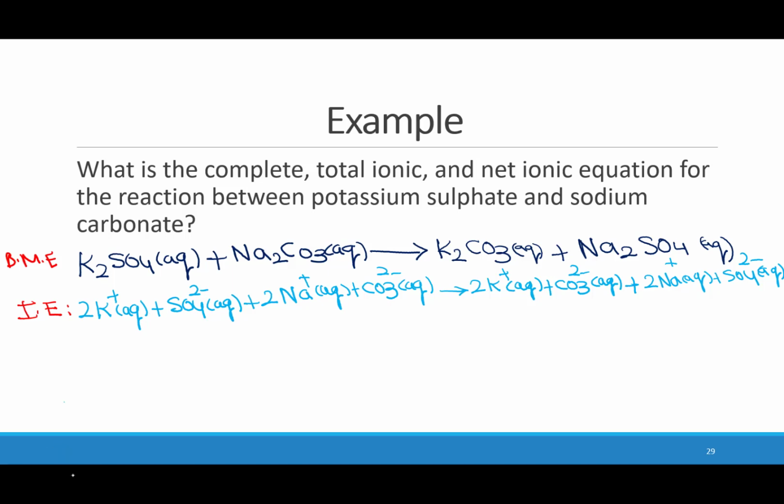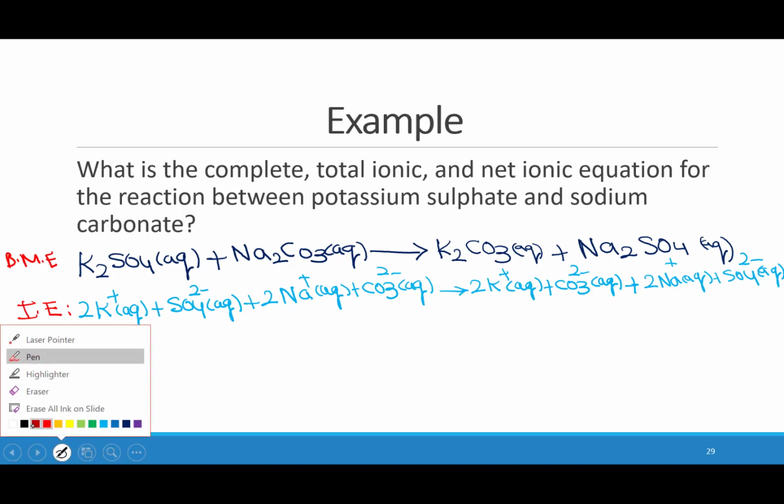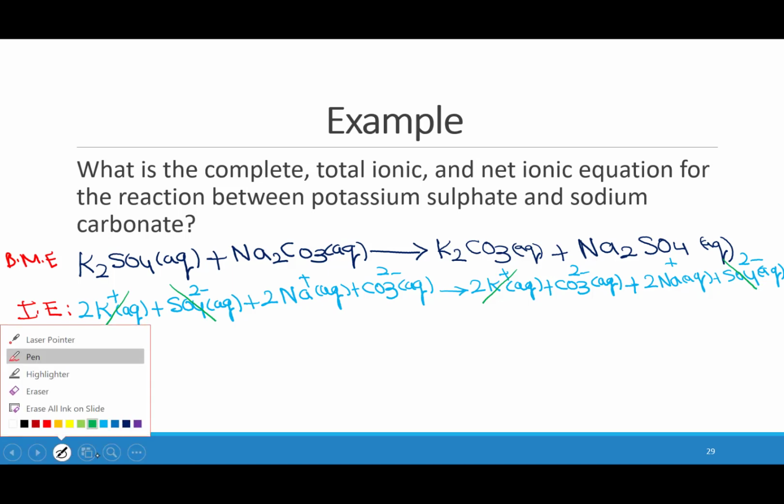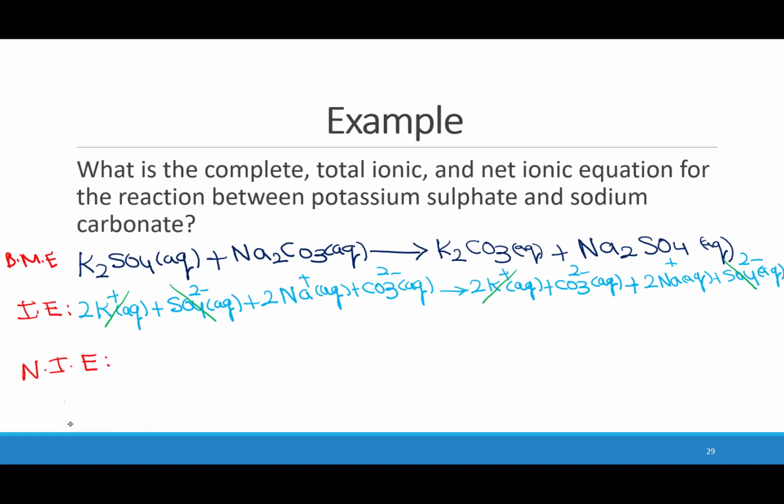Now let's look at the spectator ions, because we need to write down the net ionic equation. As you could see here, everything cancels out. The 2 potassium ions cancel out. The sulfate ions cancel out. The sodium ions will cancel out, and the carbonate ion is also canceling out.